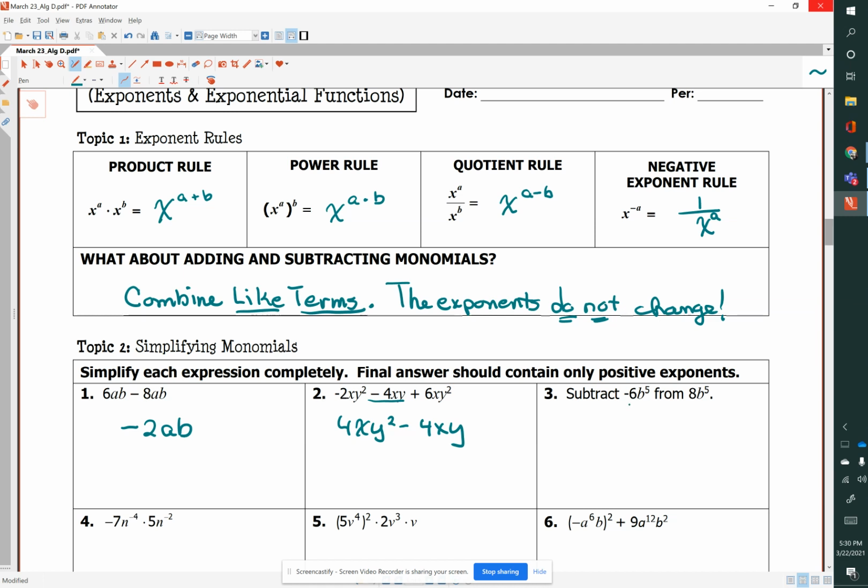To subtract negative 6b to the fifth from, this is our turnaround phrase, 8b to the fifth, that would be 8b to the fifth power minus negative 6b to the fifth power. We're subtracting a negative 6b. So remember, we have a not, so we make it positive. 8 plus 6, 14b to the fifth power.